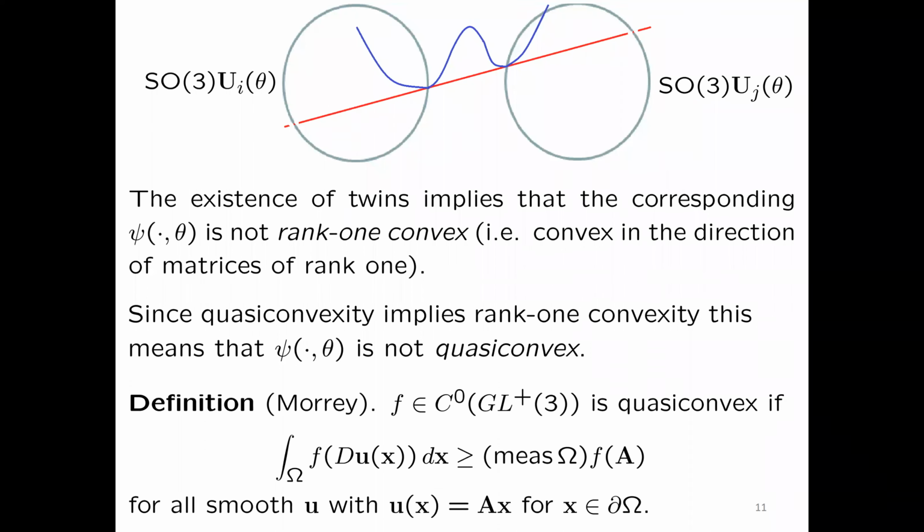And the definition of quasi-convexity is this. It's a kind of Jensen's inequality for gradients. So the function f of the gradient is quasi-convex if, when you minimize this subject to linear boundary data, u(x) equals Ax, then u identically equal to Ax is a minimizer of this problem.